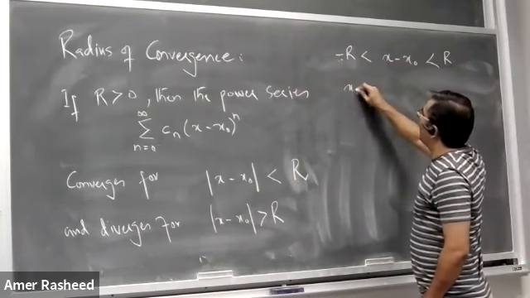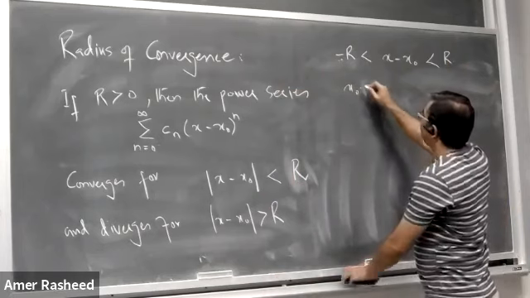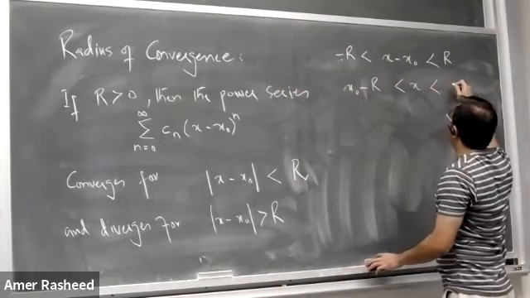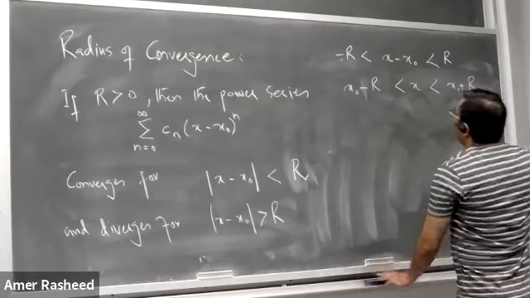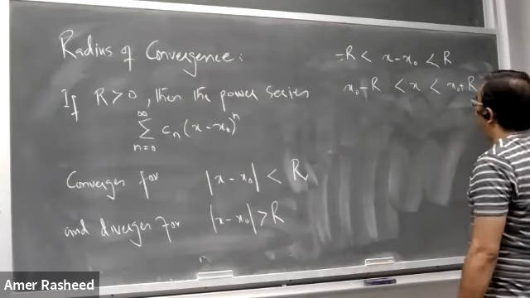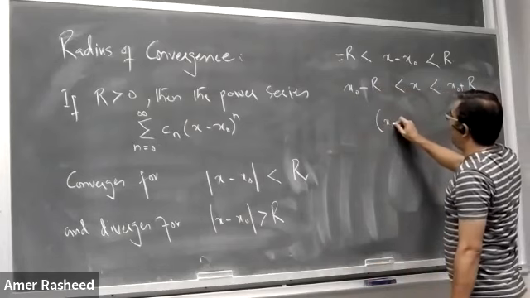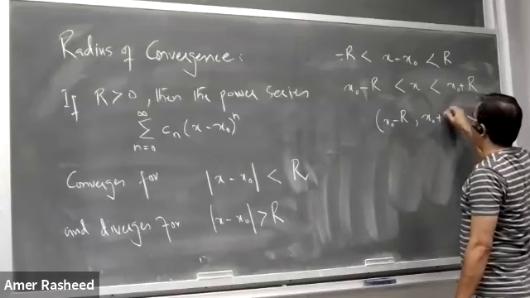Then it can be written as x naught minus R is less than x is less than x naught plus R. So this is the interval of convergence, (x naught minus R, x naught plus R).